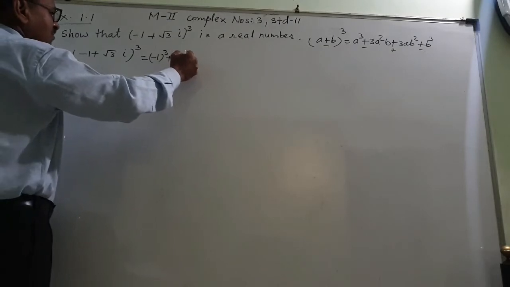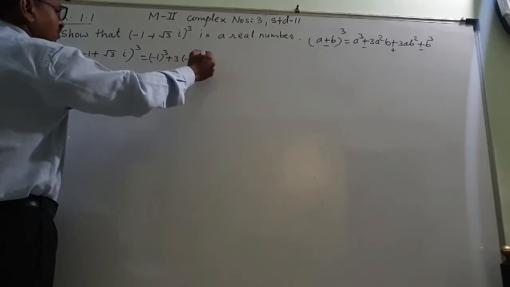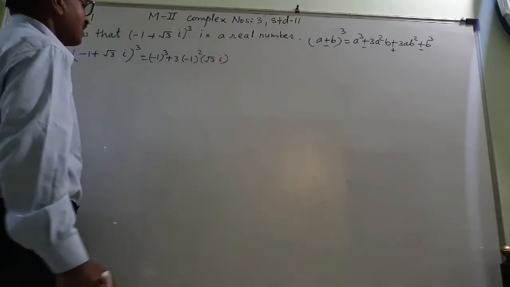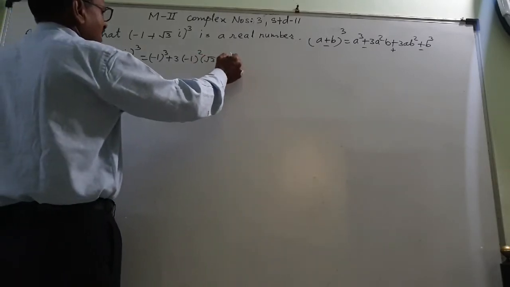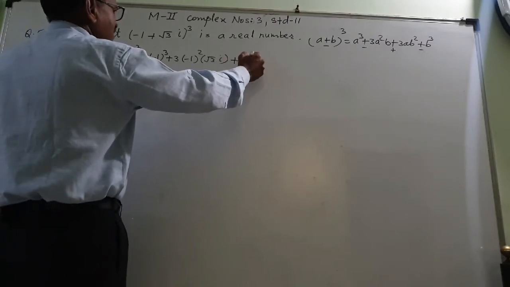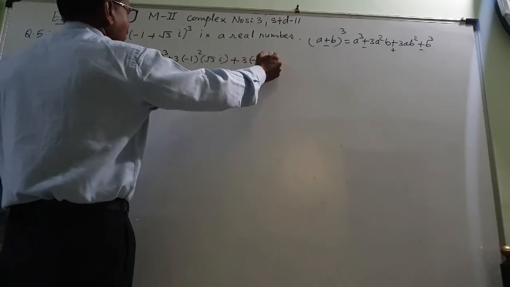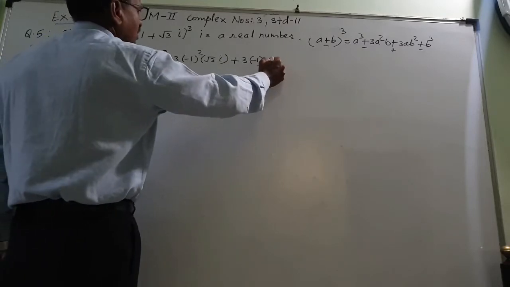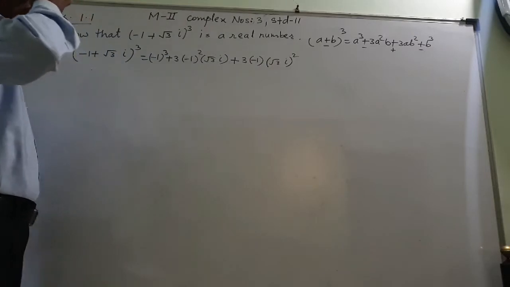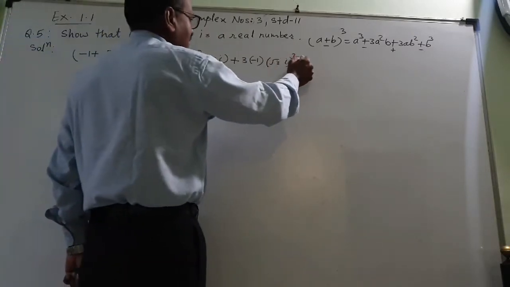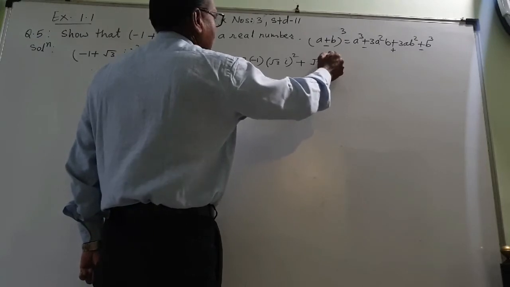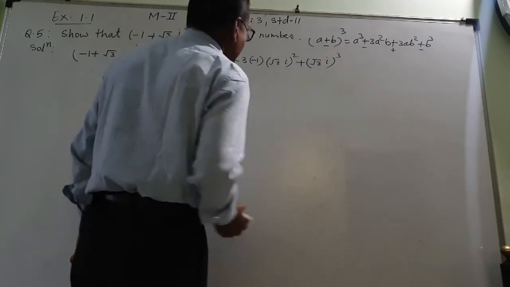A square means (-1) square into b, which is √3i, plus 3ab square, plus 3a, which is -1, into (√3i) squared, and plus b cube. b cube means (√3i) cubed.